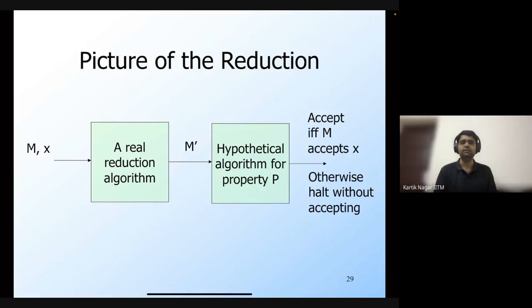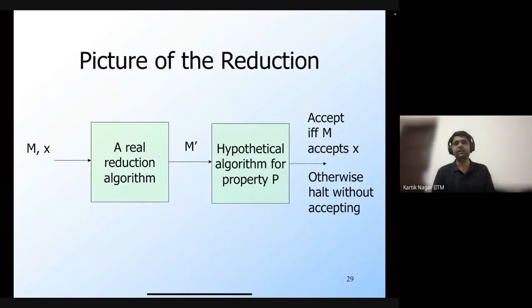Whenever you take an instance of the membership problem, and if this is a yes instance, which means that if X belongs to the language of M, then after reduction the output of this reduction is an instance of the property checking problem, so it's going to be some Turing machine M prime, and this M prime must also be a yes instance.